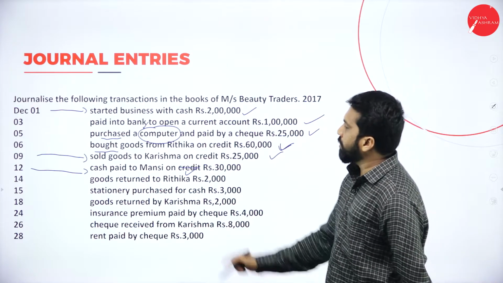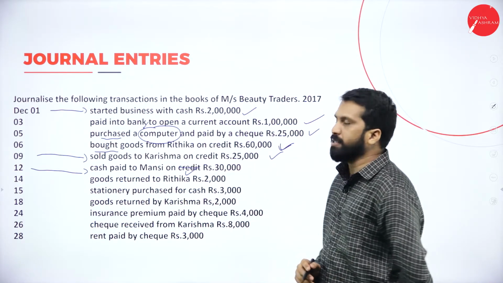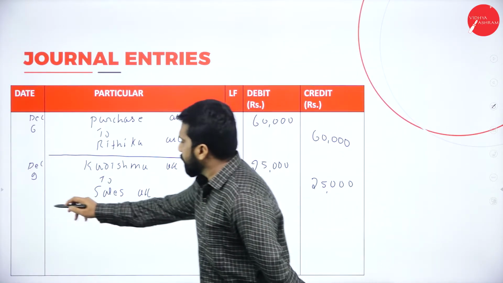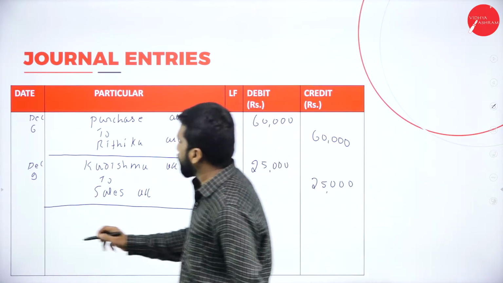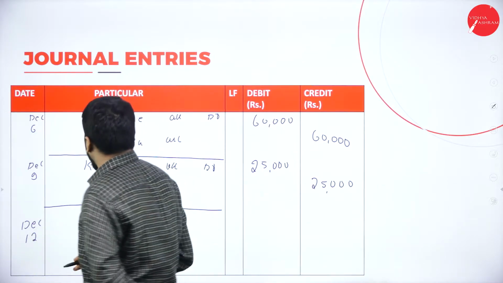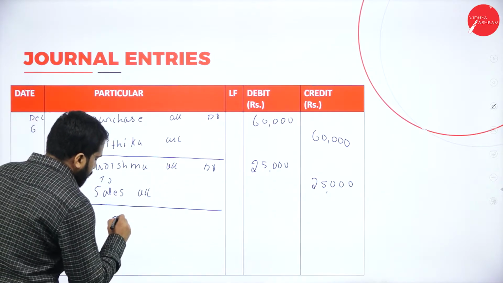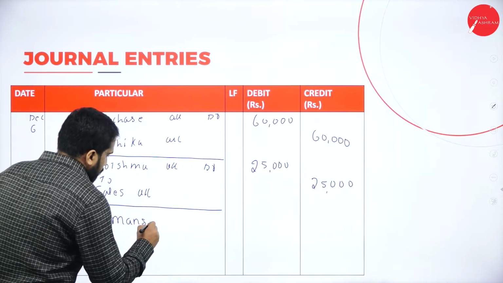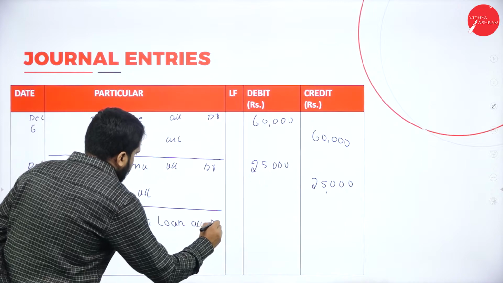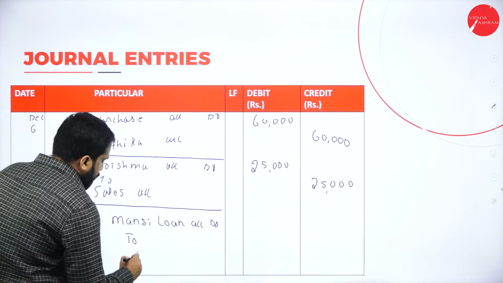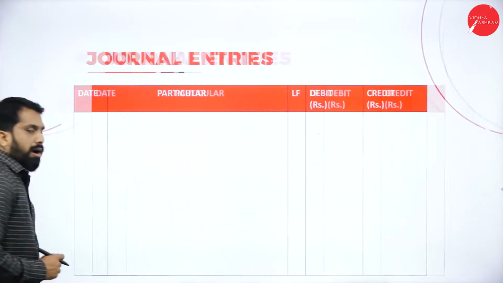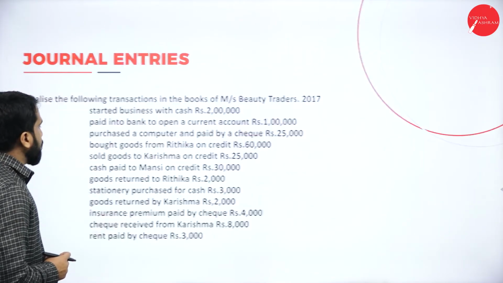What is the amount? December 12th, the amount is 30,000. So, this will be December 12th. The answer must be Mansi loan account debit to cash account. How much loan is given?